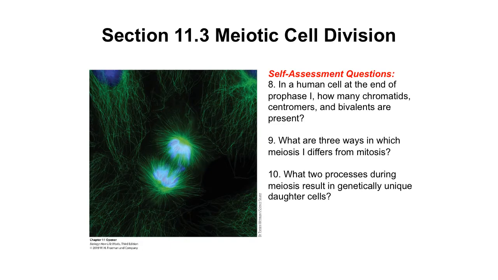So you should be able to understand what these three terms mean: chromatids, centromeres, and bivalents. Centromeres here is misspelled. There should be an E after R here, centromeres. Two, what are three ways in which meiosis 1 differs from mitosis? And lastly, what two processes during meiosis result in genetically unique daughter cells?